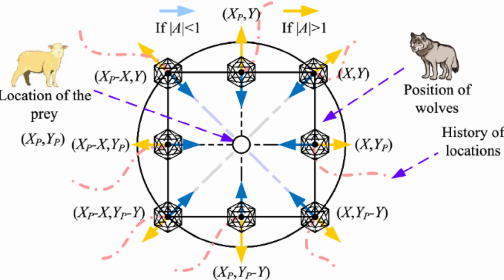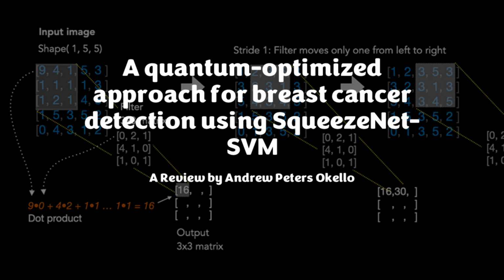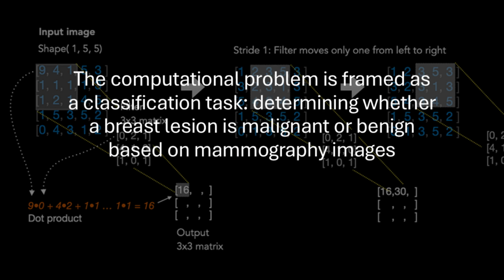The computational problem is framed as a classification task, determining whether a breast lesion is malignant or benign based on mammography images. The approach innovatively integrates quantum mechanics principles, nature-inspired algorithms, and deep learning to enhance accuracy and efficiency.